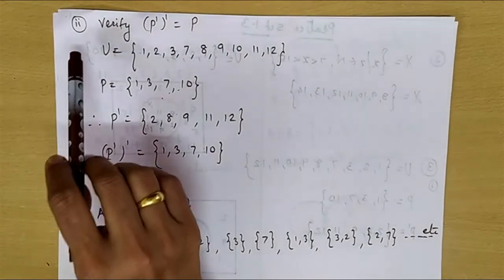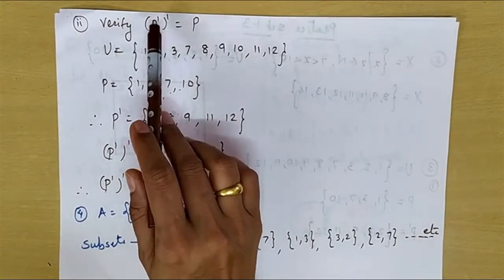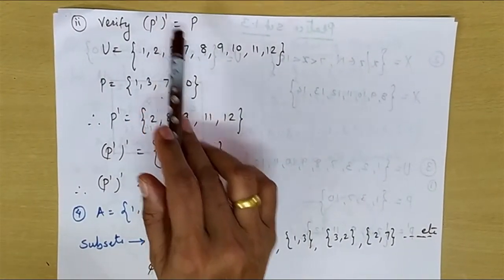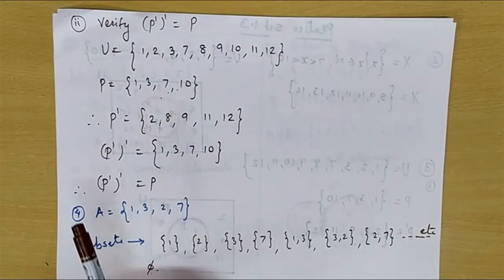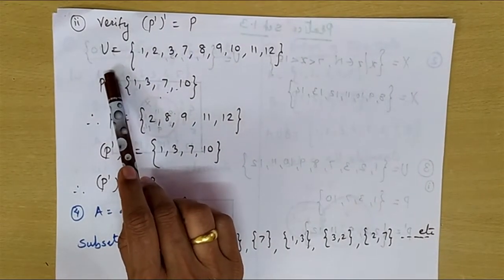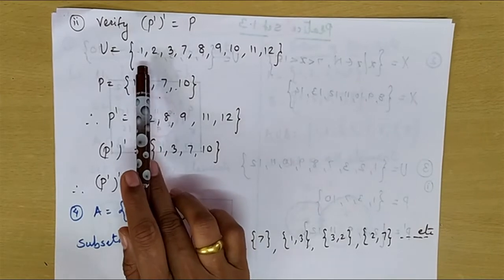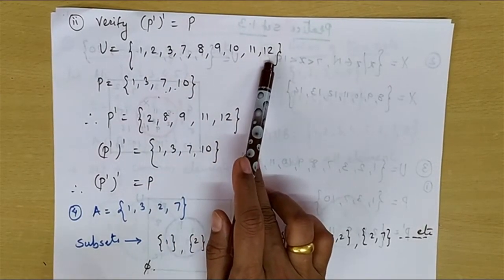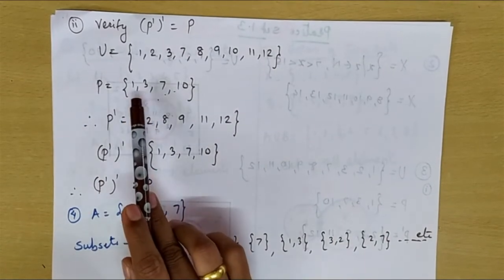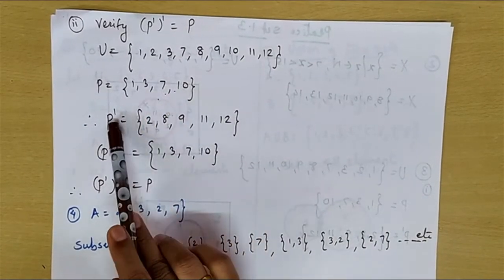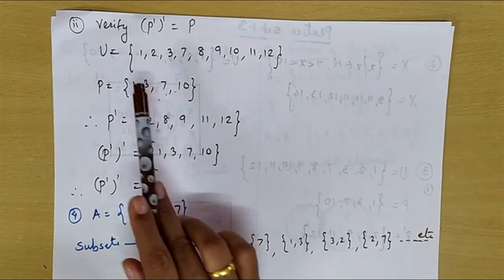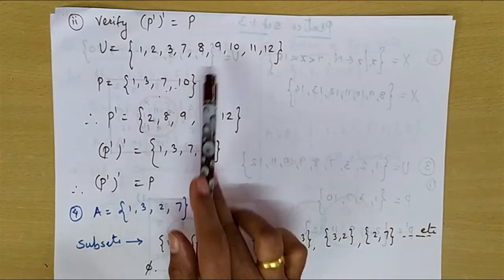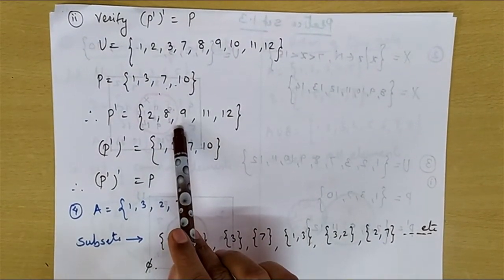The sub question in that question is: verify that the complement of P complement is equal to P. So again let us consider the universal set 1, 2, 3, 7, 8, 9, 10, 11 and 12. P set is 1, 3, 7, 10. For P complement, remove these elements from the universal set and the remaining elements will be in the P complement.